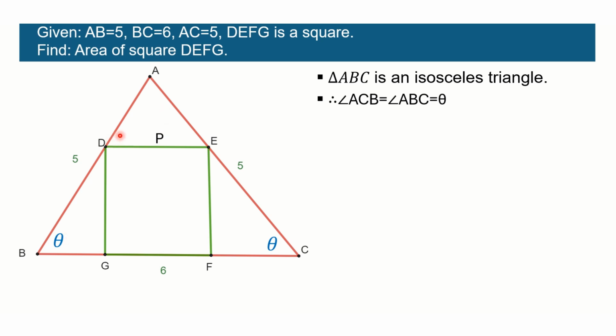Now what about this angle? If this is theta and this is 90 degrees, because this is a square, then this angle is 90 minus theta, and this angle is 90. The sum of these has to be 90 because the angle on a line is 180. So this plus this is 90, but this is 90 minus theta.